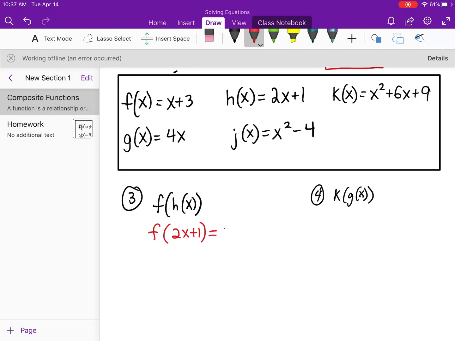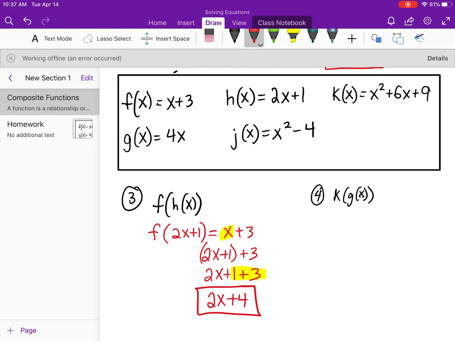So if f is x plus 3, I'm going to take out the x and replace it with the 2x plus 1. You could put that in parentheses, but we don't really need them. It's just 2x plus 1 plus 3, and then combine your like terms, which are the 1 plus 3. So that's 2x plus 4. That's the answer. You can't combine anything else.